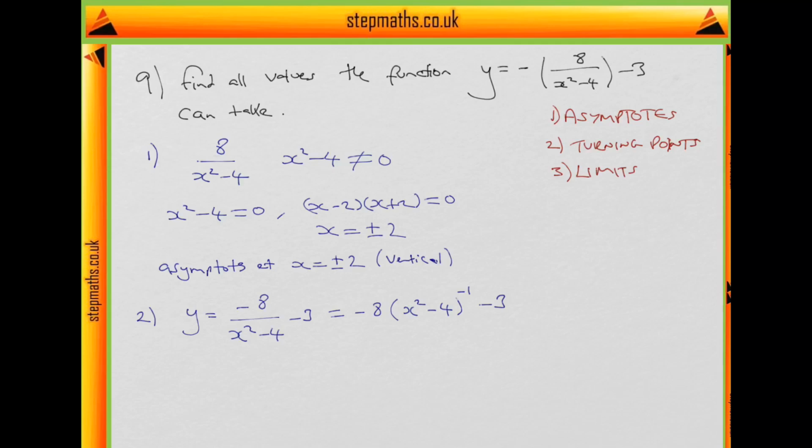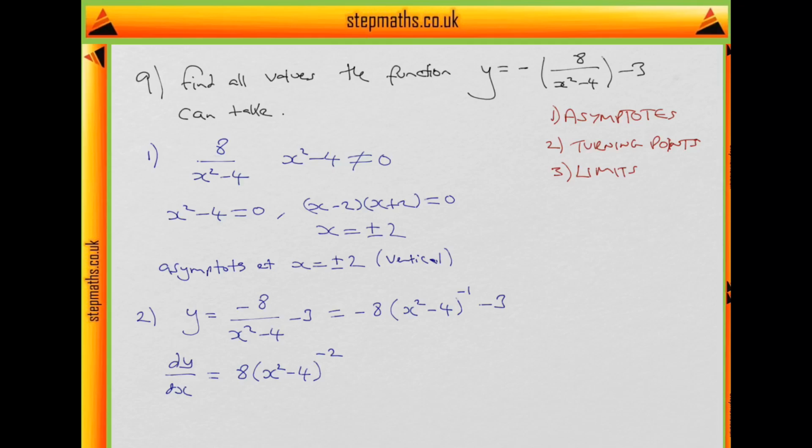Clearly we're going to lose the constant term, minus 3 is going to disappear. Now, dy by dx. As usual, we bring our power down from the top. The minus 1 is going to come down and cancel with this minus here, and the minus 1 is going to go to a minus 2. So we're going to have 8 x squared minus 4 to the power of minus 2.